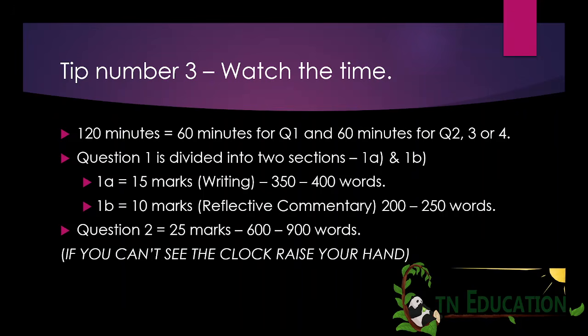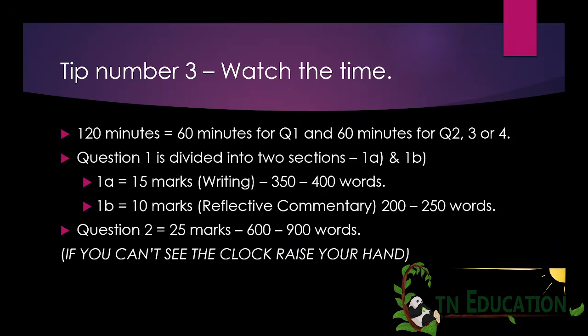Students are expected to be able to write about 600 words within an hour at a minimum. Okay, so if you're spending, let's say, 7 minutes to plan your 1A, most of your work is going to be done. Okay, so watch your timing. Make sure you plan for that question 1A.